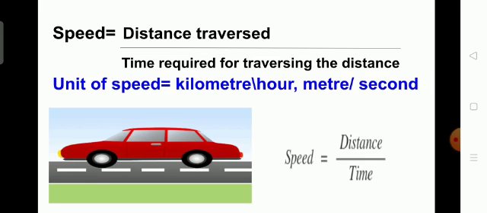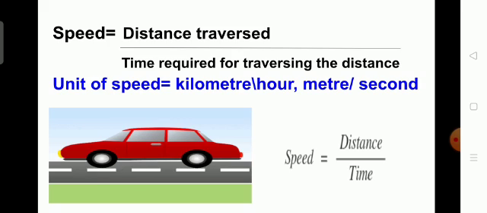Speed equals distance traversed upon time required for traversing the distance. This is the formula to calculate the speed of an object if you know the distance traversed in a given time.